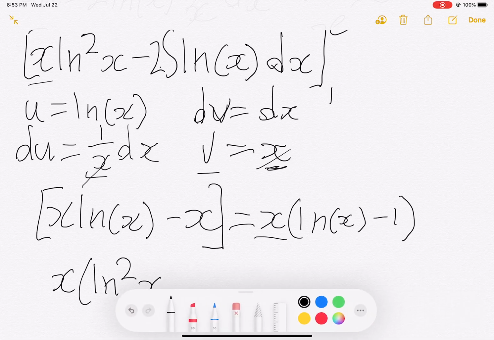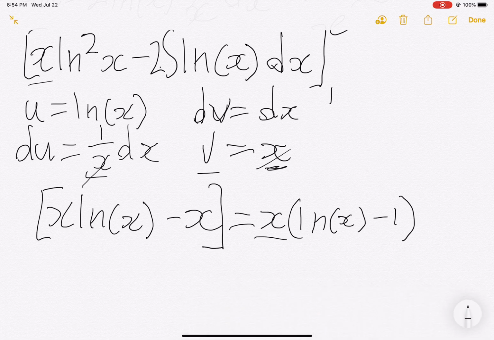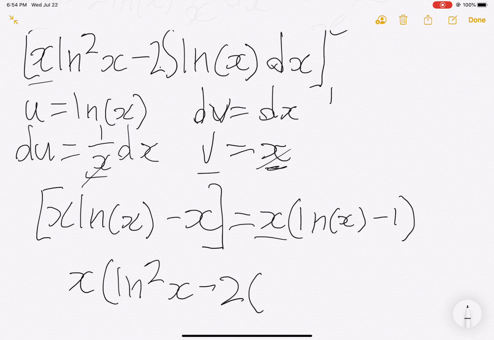You know, let's just avoid any error, because this could easily result in some error. Well, fine, we'll do it. Ln squared of x minus 2 times, let's see, I'm just making sure I don't mess anything up, ln of x minus 1.